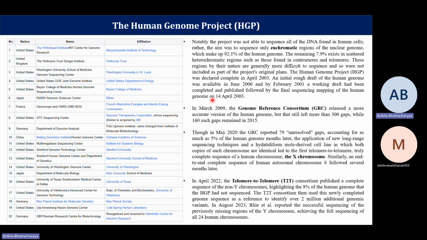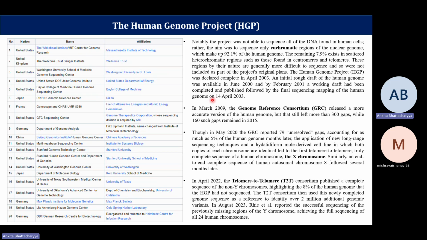Now, coming back to the text, in May 2020 the GRC also reported 79 unresolved gaps, with long-range sequencing techniques, and they finally published the sequence of the X chromosome in May 2020. Similarly, the human autosomal chromosome 8 was also sequenced a couple of months later.